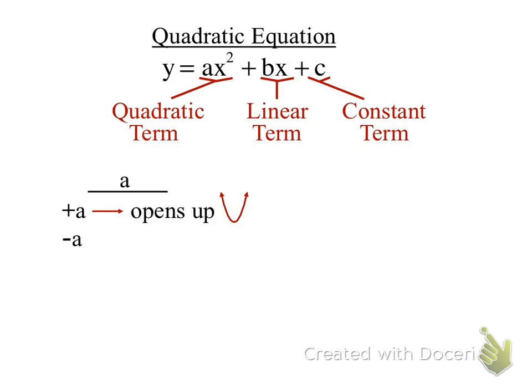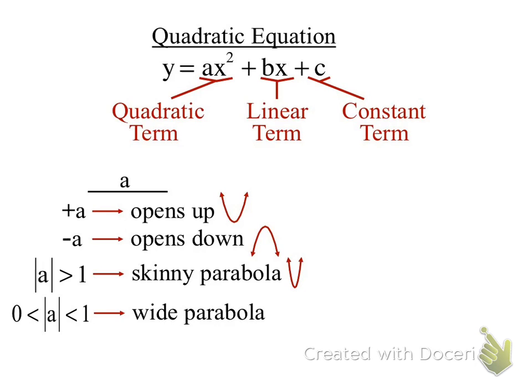If a is a number that's bigger than 1, what kind of parabola will it be, Minky? It'll be narrow or skinny. If a is less than 1 but greater than 0, the absolute value is less than 1 but greater than 0, what kind of parabola will it be? It'll be wider or fatter.